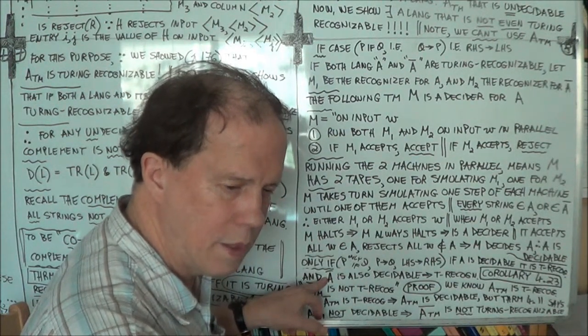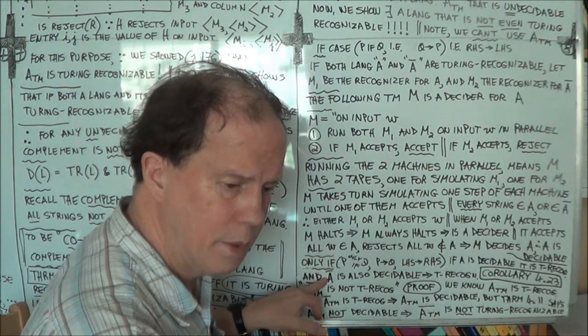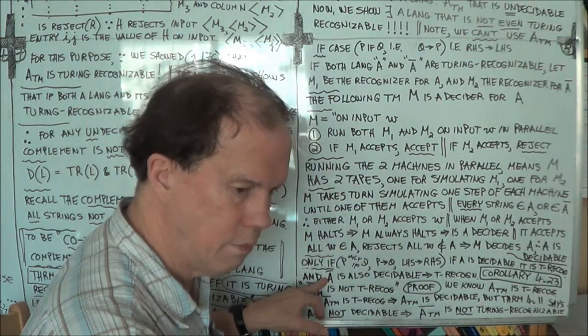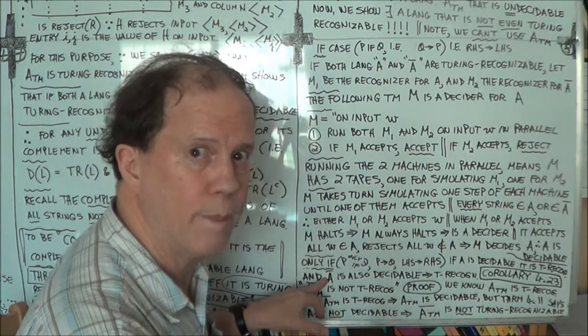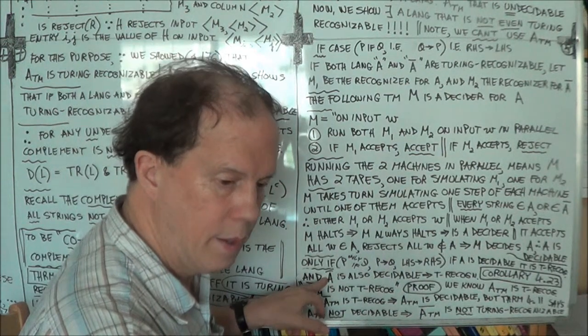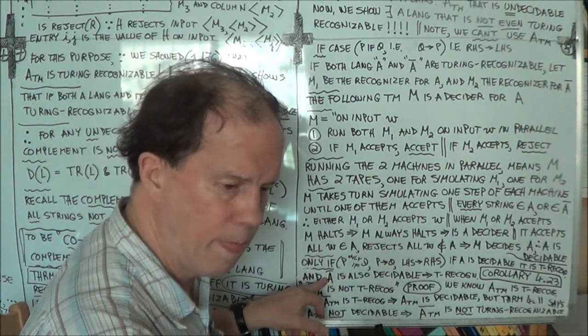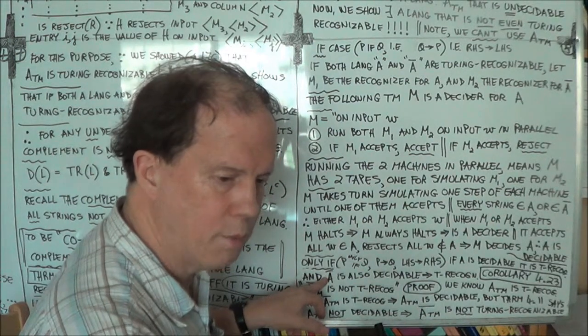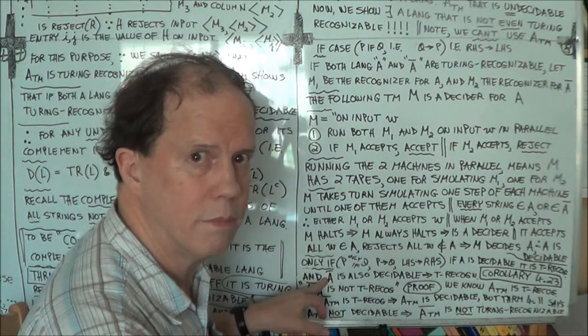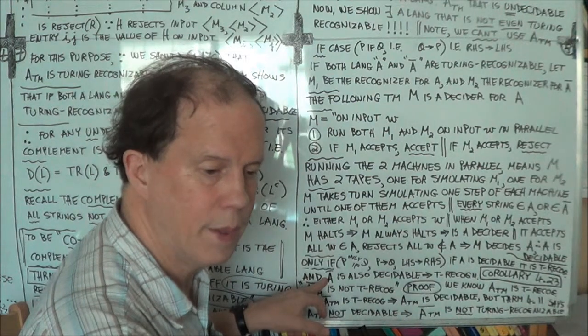Well, you create a machine that outputs the opposite. So let's assume A is decidable. So it has a Turing machine, let's call it P. And let's create a second Turing machine, let's call it Q. And Q outputs the opposite of what P decides.